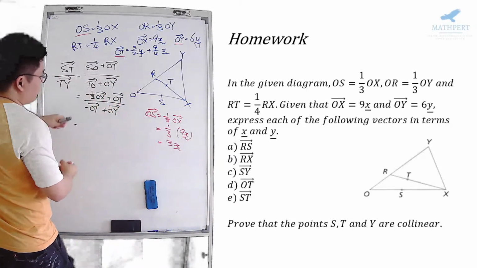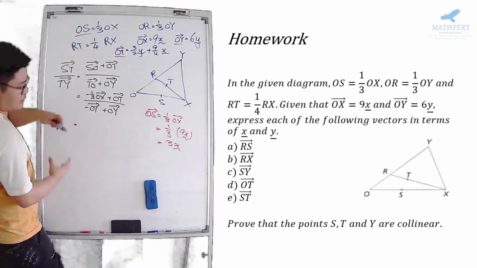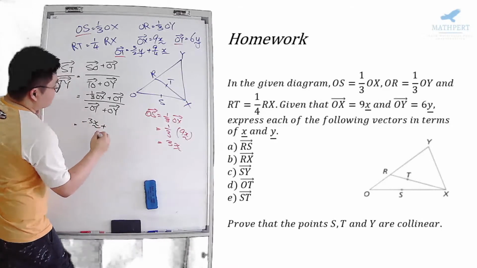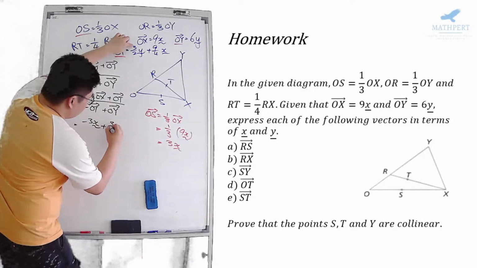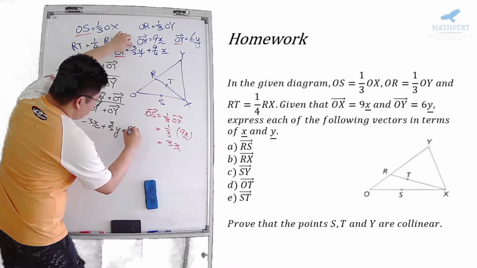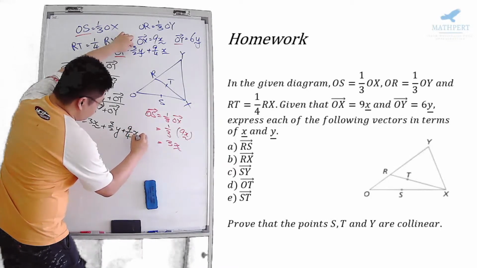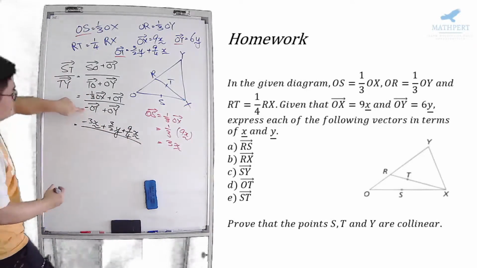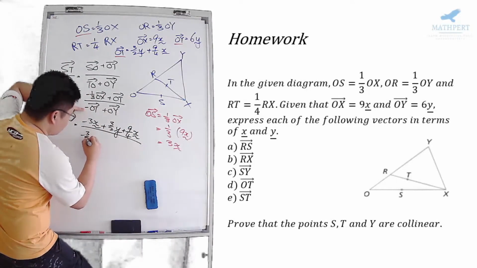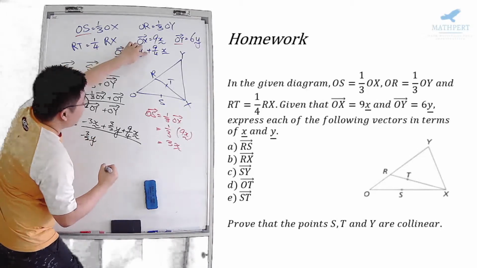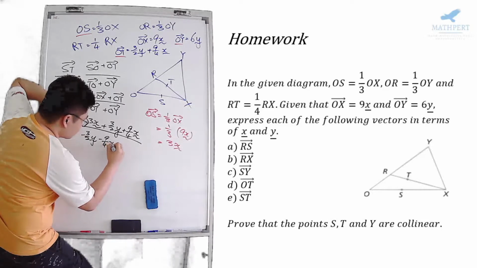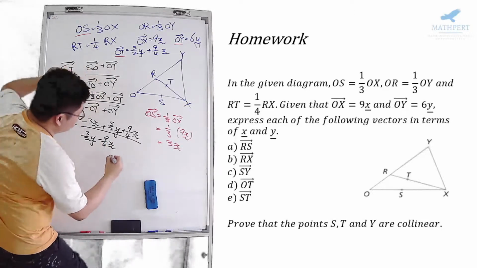So negative 1/3 of OX is negative 3x, plus OT is 3 over 2y, plus 9 over 4x. Then negative OT is negative 3 over 2y, plus OY will be 6y.